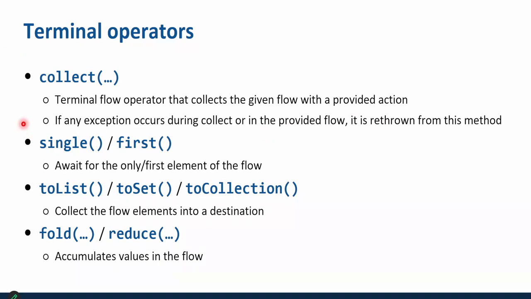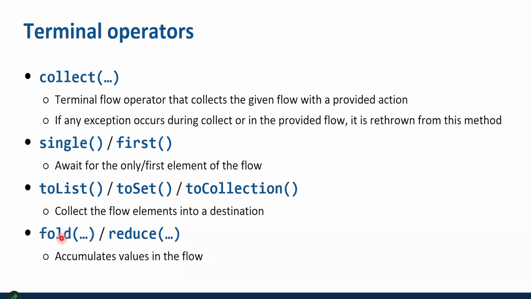There are also single and first, which are ways in which you can access, let's say, the oldest value in the queue, a set of methods that come from the collection world, and also some specialized ones. Maybe you remember the fold one, and you will have it also here in terms of terminal operators.